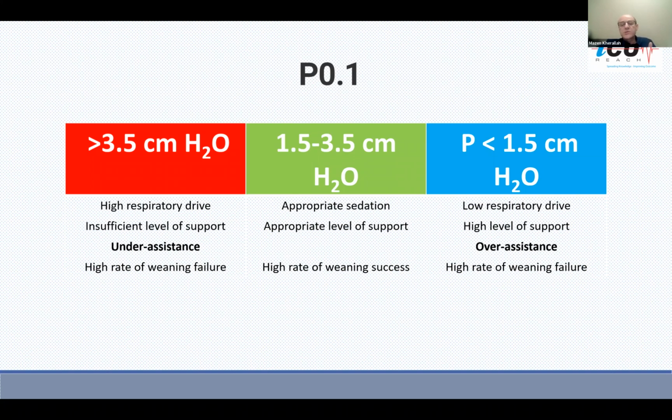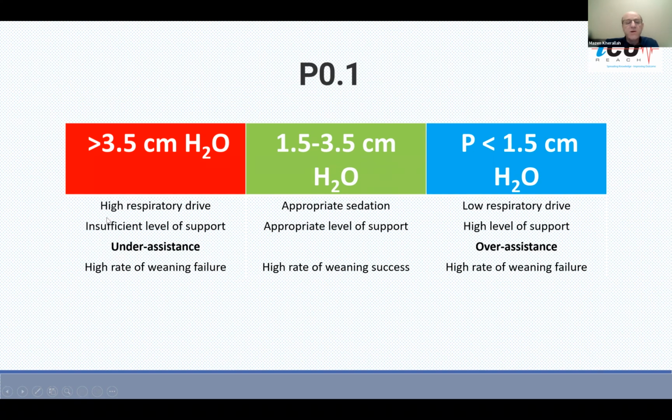So if your settings on the ventilator are not good enough, at that time the patient is going to do the work himself, and the respiratory drive is going to be stimulated, and you will see that the P0.1 is elevated. So this is what we see in under-assistance.